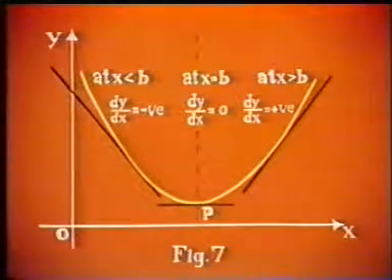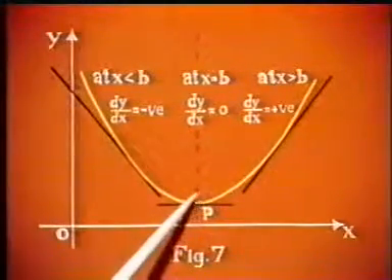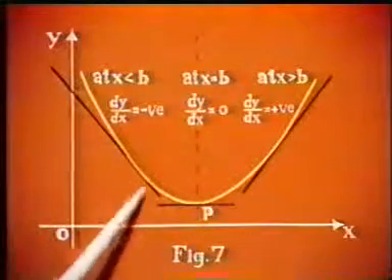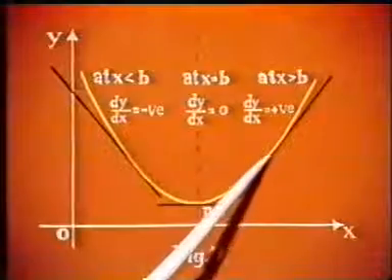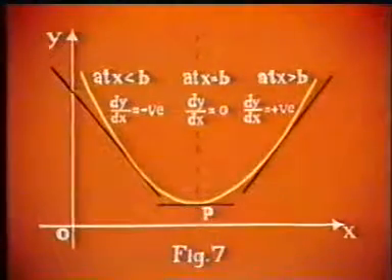Thus, on the left of the point of minimum P, dy upon dx is negative, and on the right of it, dy upon dx is positive.